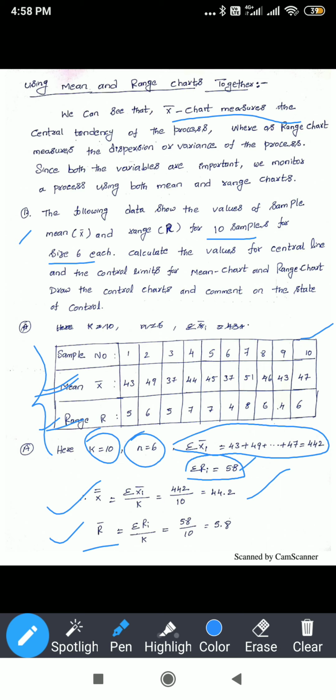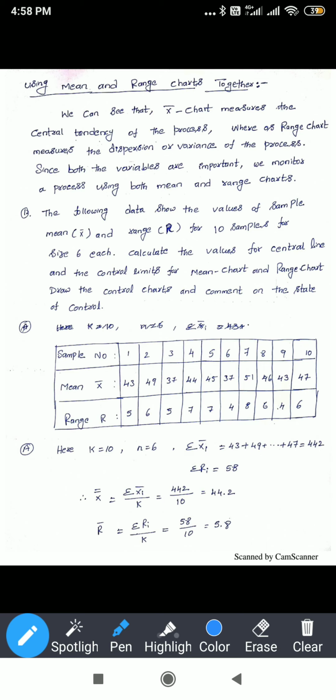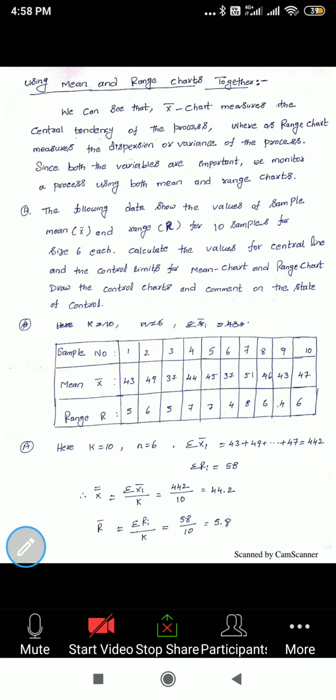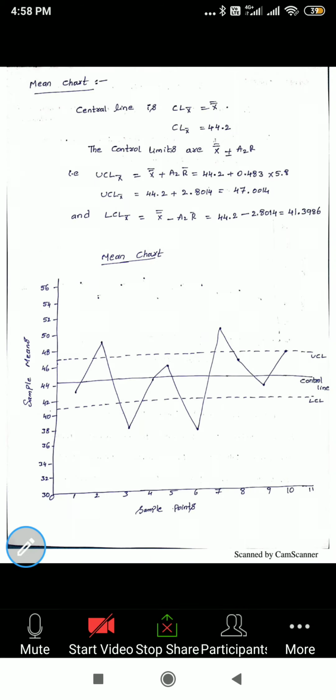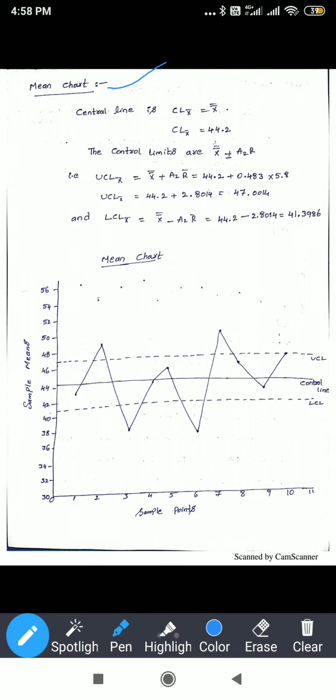After getting these two values, X double bar and R bar, first we see the mean chart. Here the central line CL is equal to X double bar, which we computed as 44.2. The control limits are UCL and LCL.